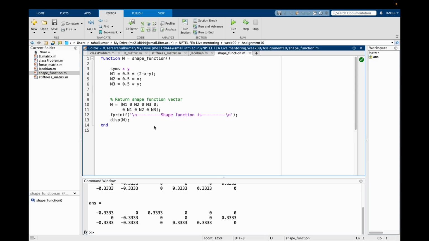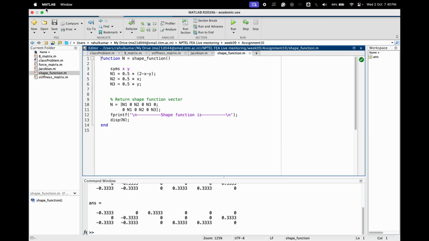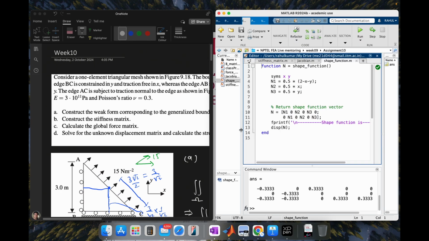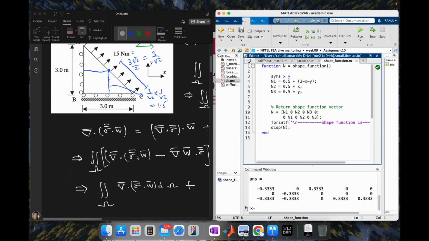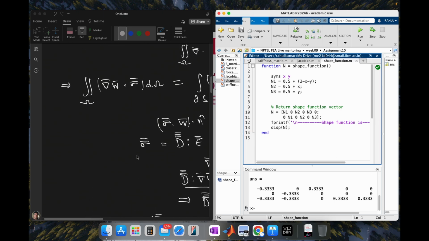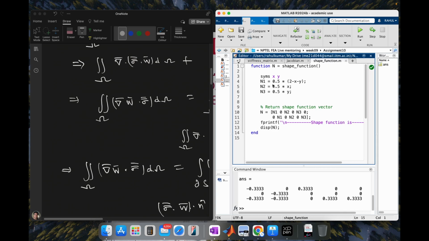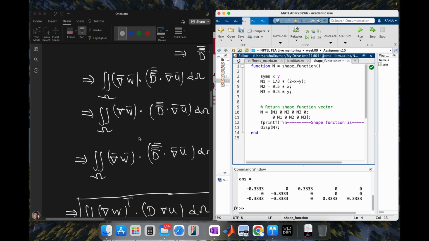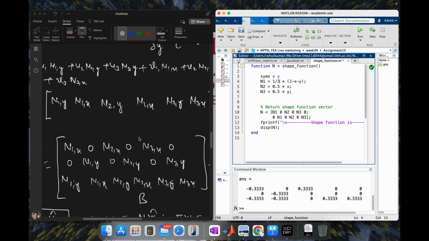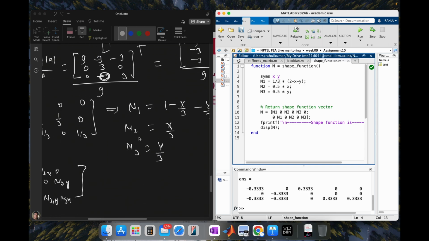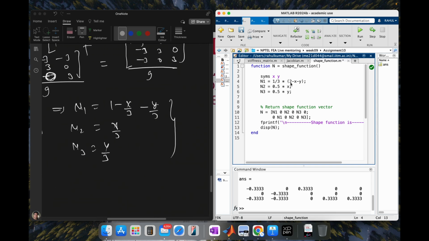Shape function is, and there is no use of the shape function here, so let's skip it.